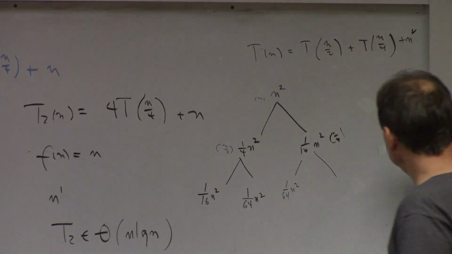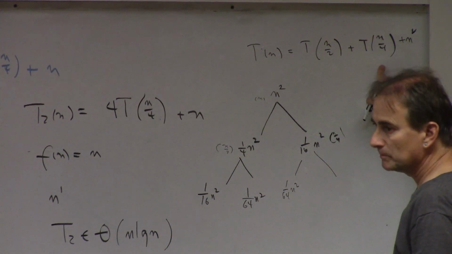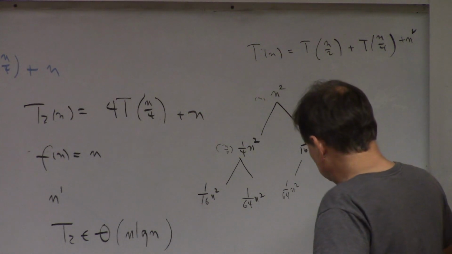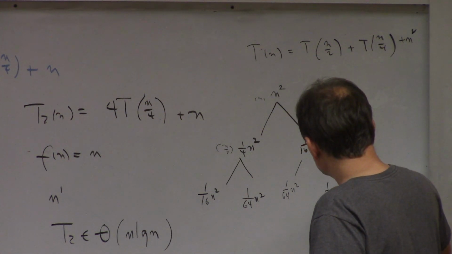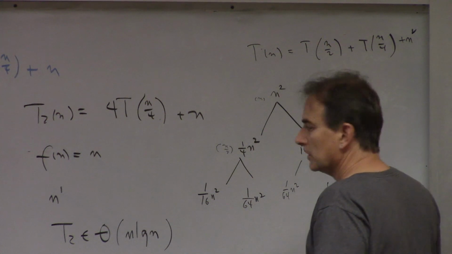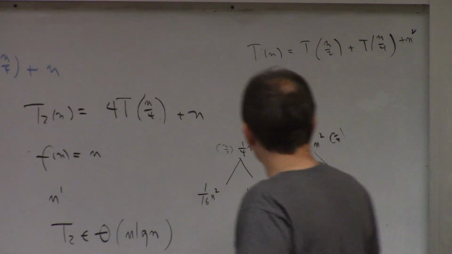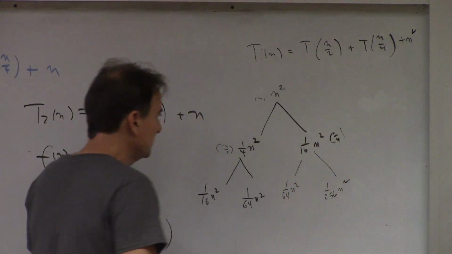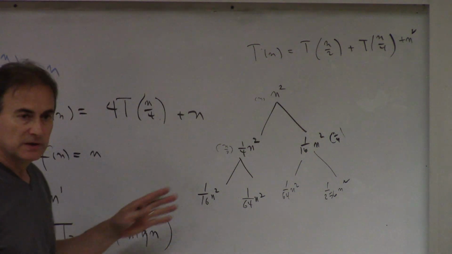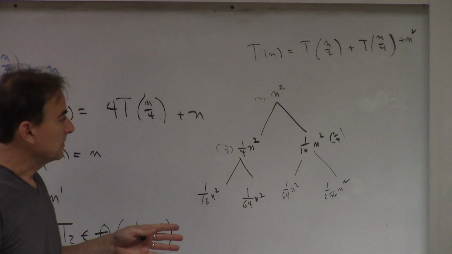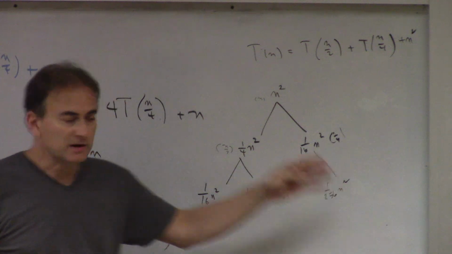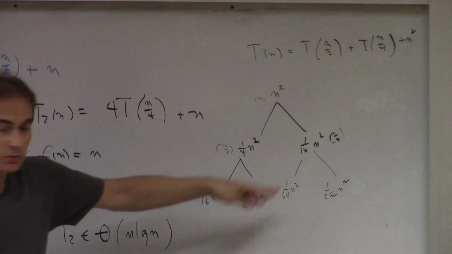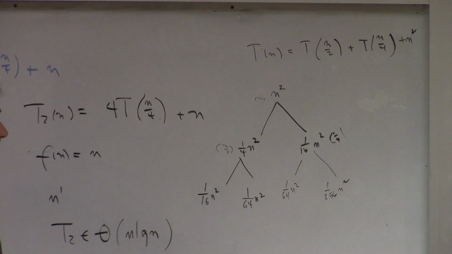And this one right here, n over 4, n over 4, n over 16. So it's going to be 1 over 256 n squared. So what we have is our total work. Again, this is going to be an uneven tree. It's going to be short on the right side, longest on the left side, and in between it's going to be uneven.